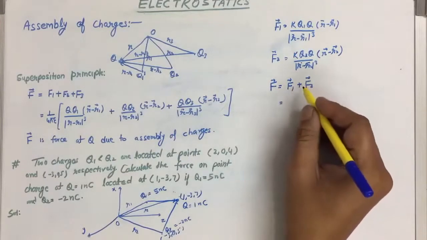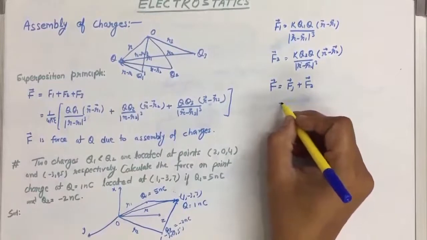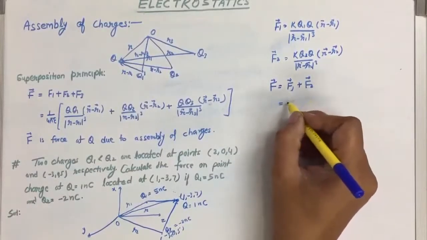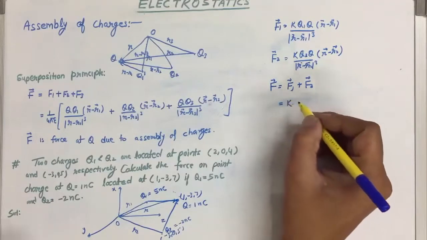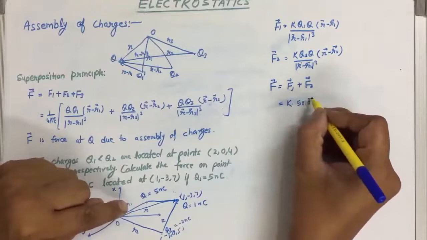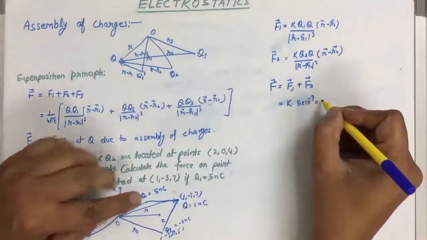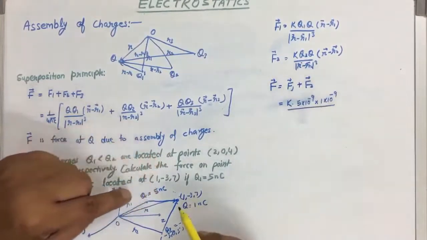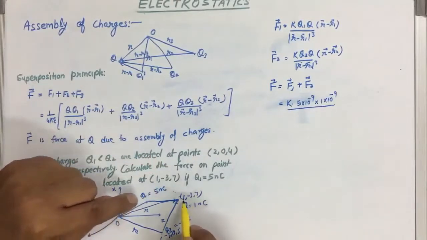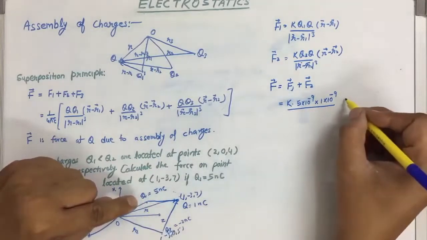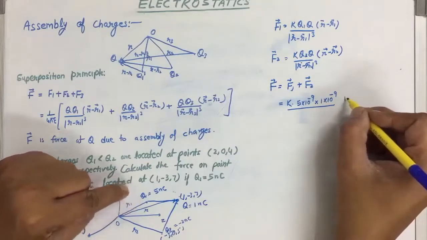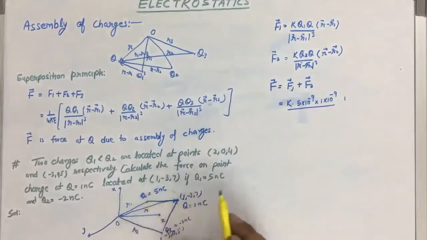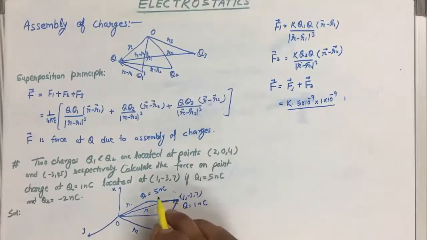And this F1, now let me write the value. F1 will be K, 5 into 10 to power minus 9, Q will be 1 into 10 to power minus 9, divided by R minus R1 cube. So R minus R1 should be 1 minus, the position vector of this, the coordinates of this point is 2, 0, 4.